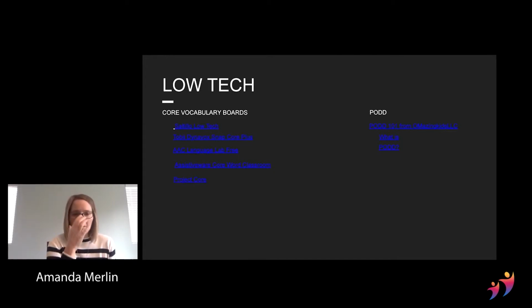So when we think about low tech, a lot of people tend to automatically default to PECS and PECS systems, which are great. When we think about setting up a communication system or giving a kiddo or a person access to AAC, we want to make sure that we're starting not just basic and where they're at now, but we want to make sure that it's a system that can grow with them.